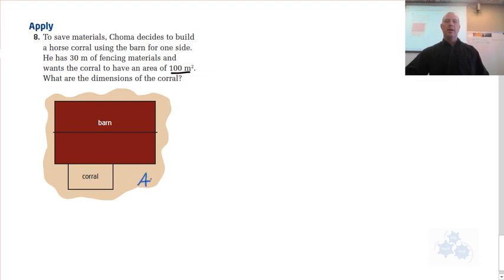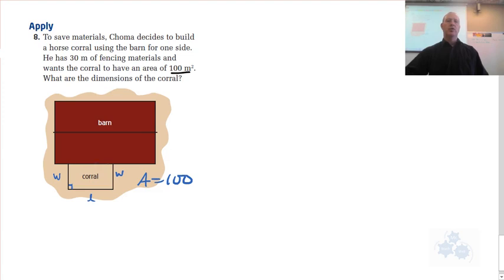The area for the corral needs to be 100 meters squared, right? It is going to be a rectangle. It doesn't really say, but I think we can assume that given the diagram. So we're going to have a width and a length and another width.